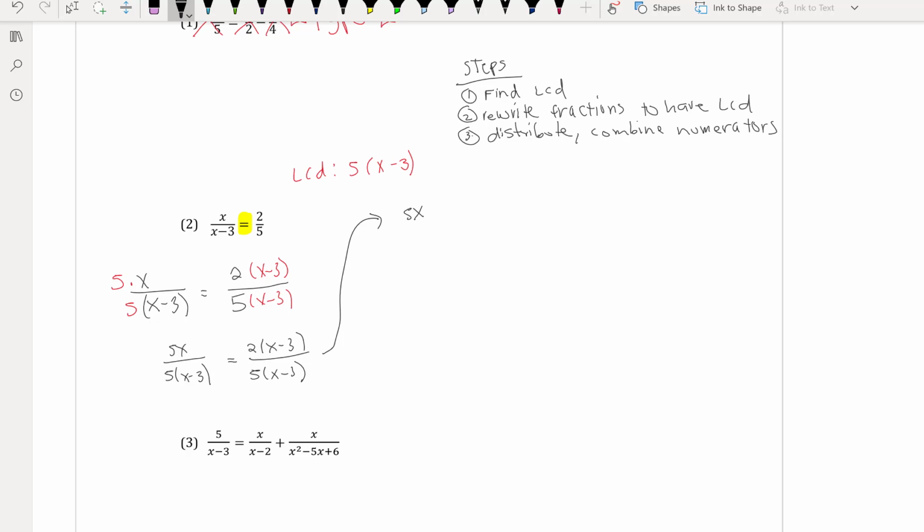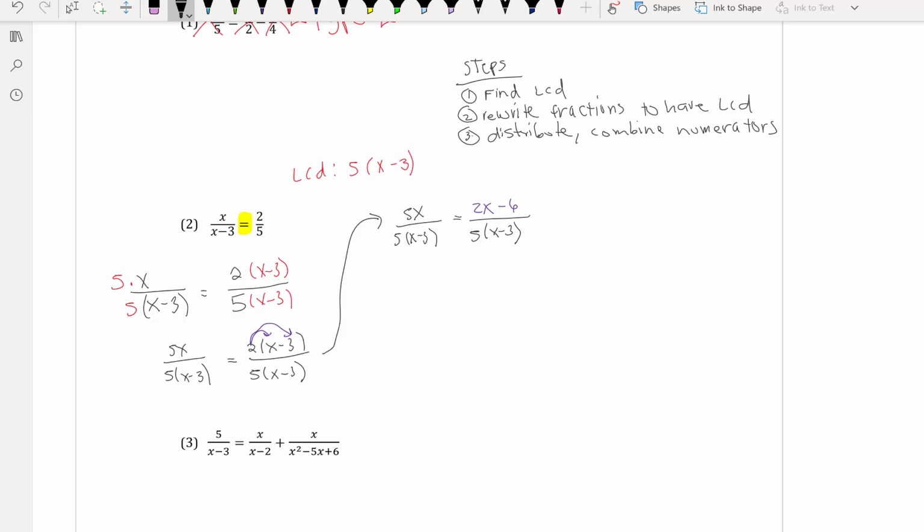So step number 3, I'm going to distribute and combine my numerators. I have the 5x over the 5x minus 3, and this 2, I'm going to multiply by distributing that 2 in the numerator. So I'm going to have 2x minus 6, and my denominator is still 5x minus 3, okay?